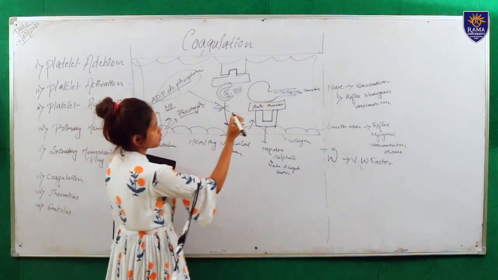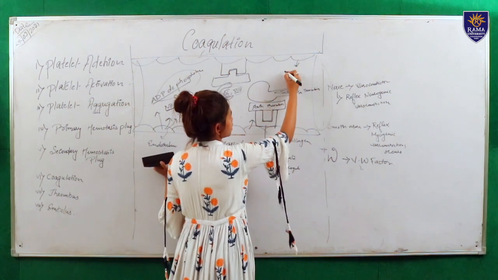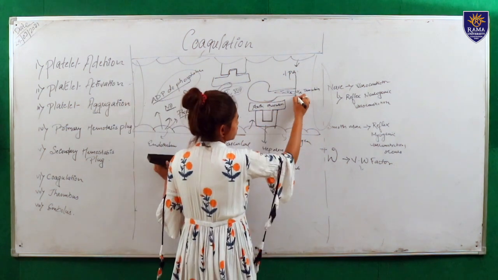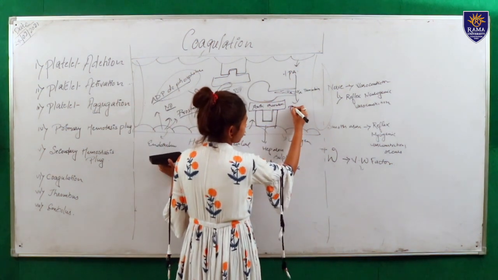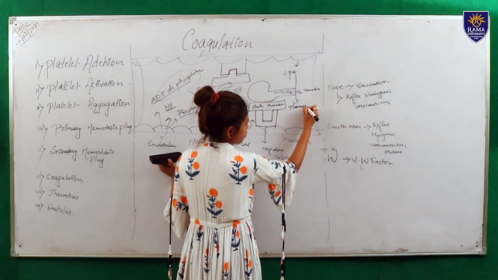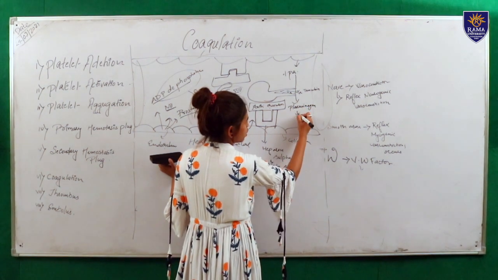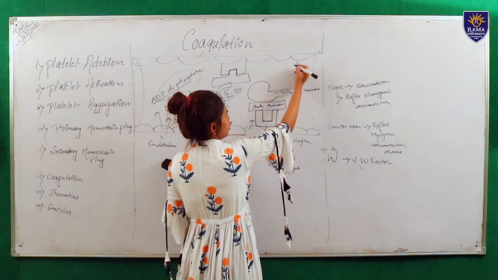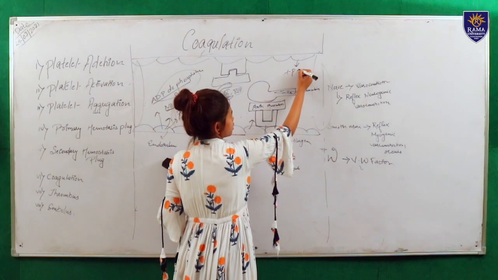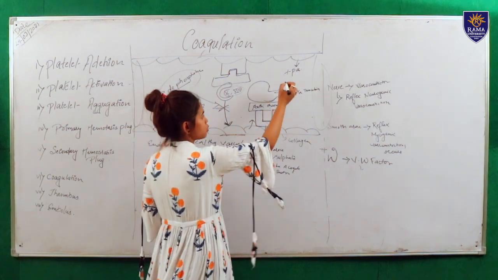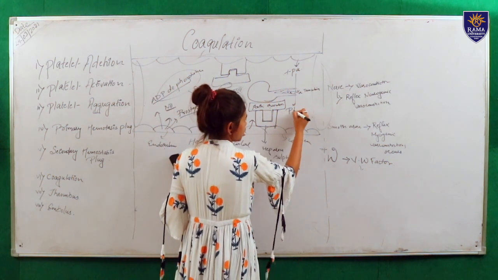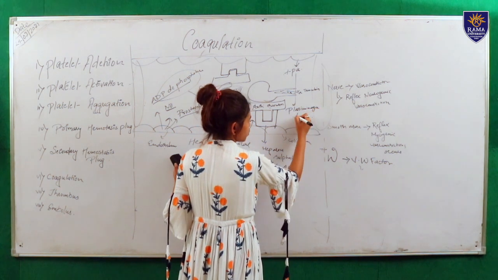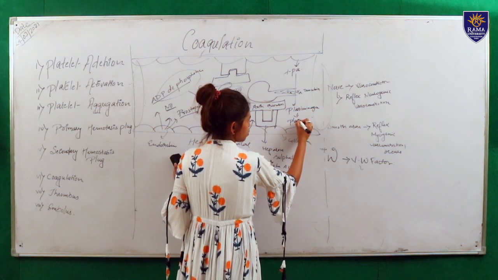There is one more thing released from the endothelium, that is tissue plasminogen activator. It converts plasminogen into plasmin. The endothelium always releases this, and the plasminogen is converted into plasmin.